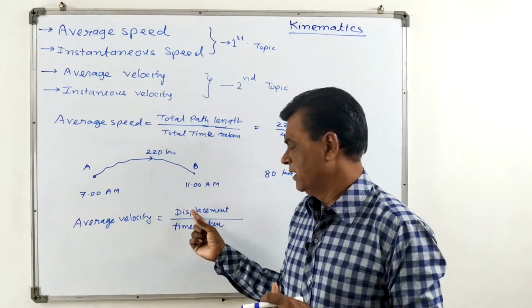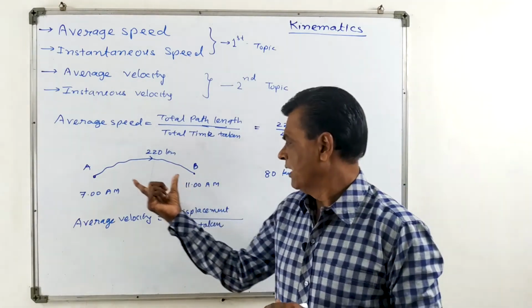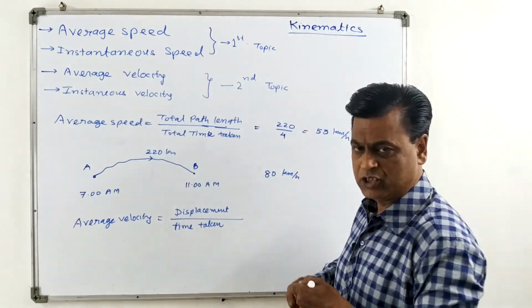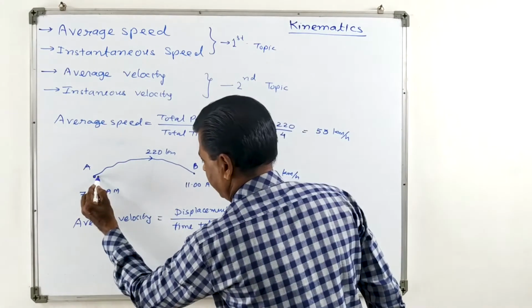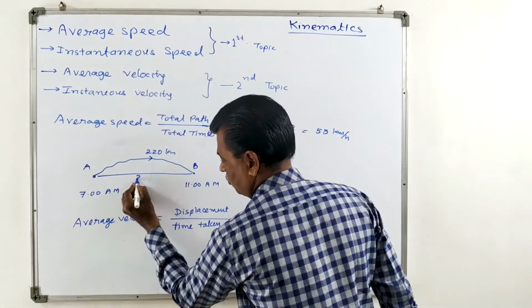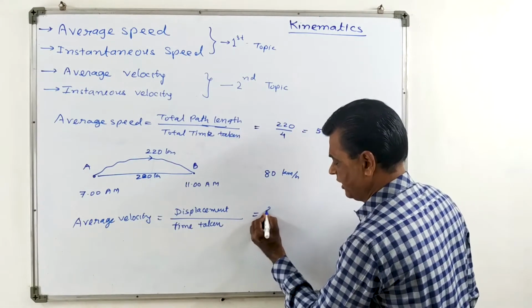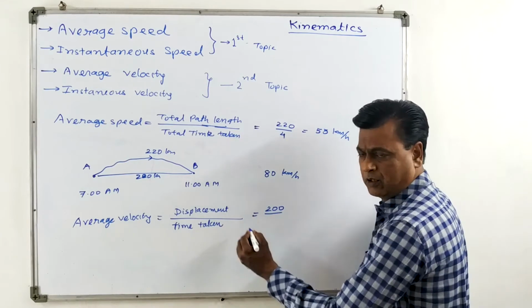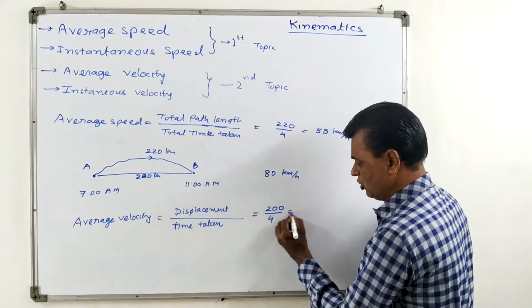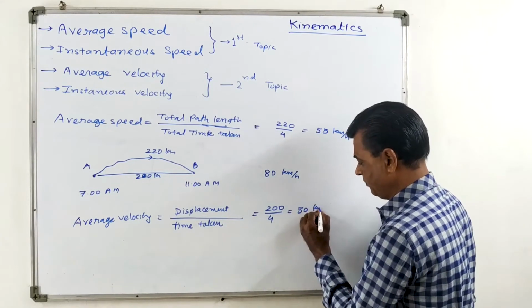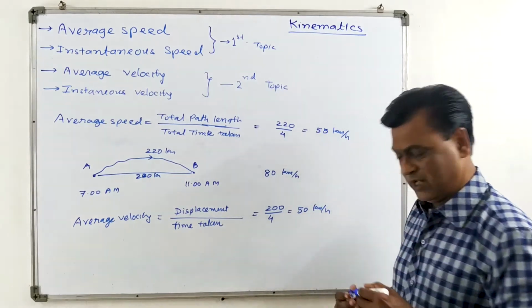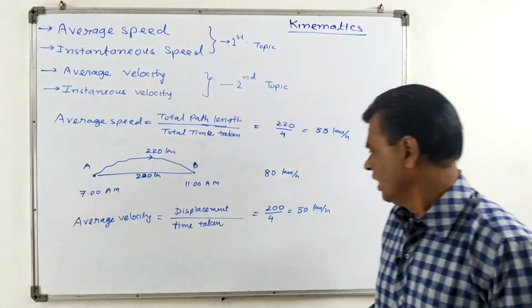Here the displacement of the car is the shortest distance between the two cities A and B, suppose 200 kilometers. So displacement is 200 kilometers and the time taken for this journey is 4 hours. So 50 kilometers per hour is the average velocity.